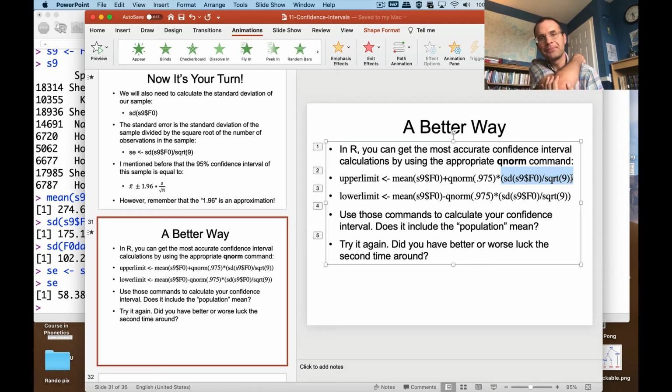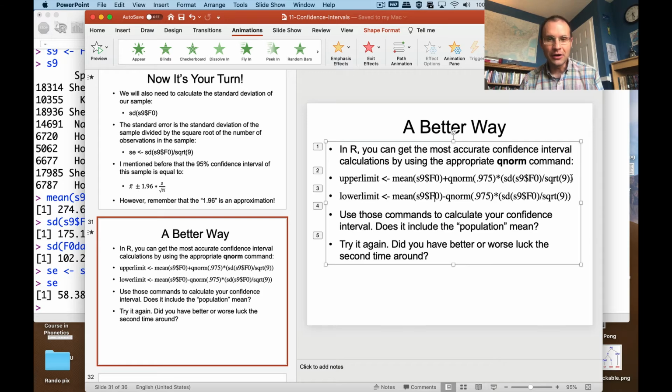And what I'm doing a little bit differently here with the R command is not multiplying that standard error by 1.96. Instead, I'm multiplying it by qnorm of 0.975. So that's giving me basically a z-score that's appropriate for that proportion of the normal distribution. And it's going to have 97.5% of the distribution to the left of it, basically.